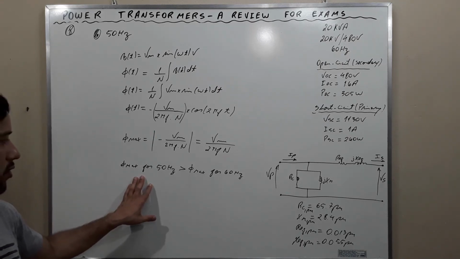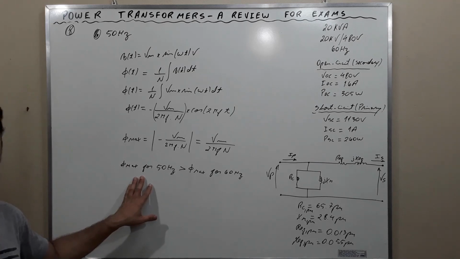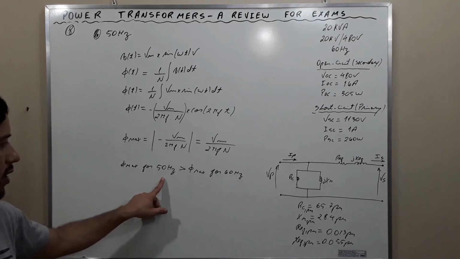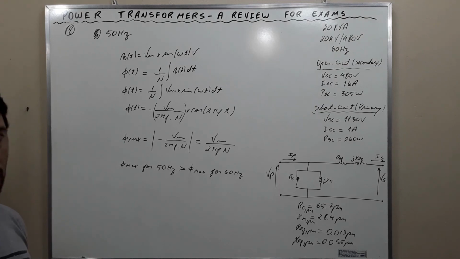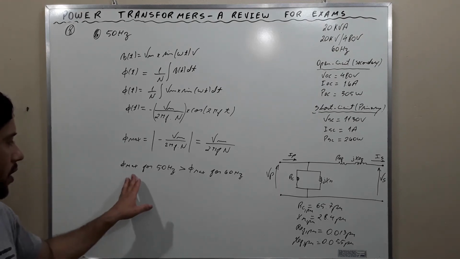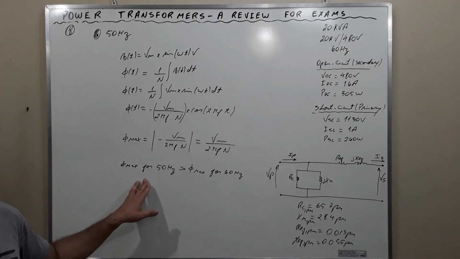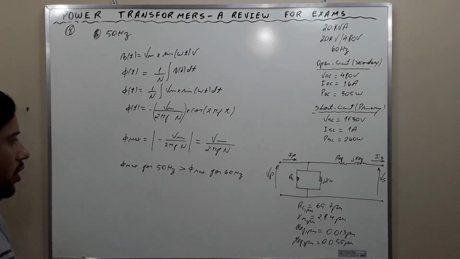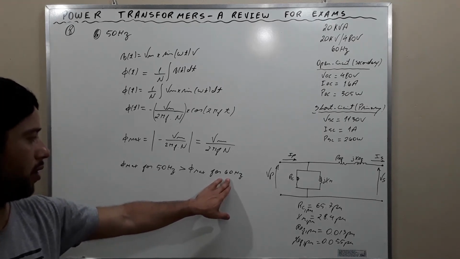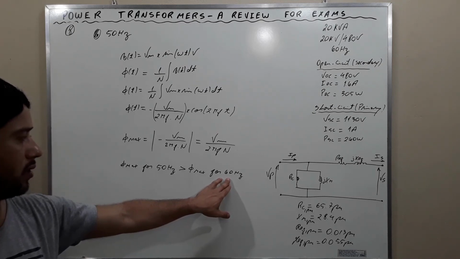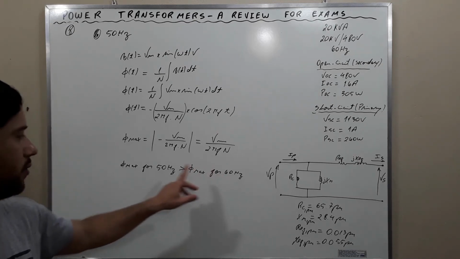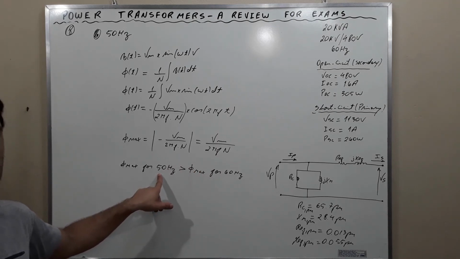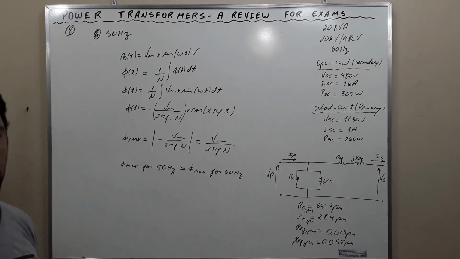The transformer core is going to need to handle more flux for 50 hertz than for 60 hertz. What does it mean? It means that if we use a transformer core that was designed for 60 hertz in a system that uses 50 hertz, the core is going to saturate and overheat.